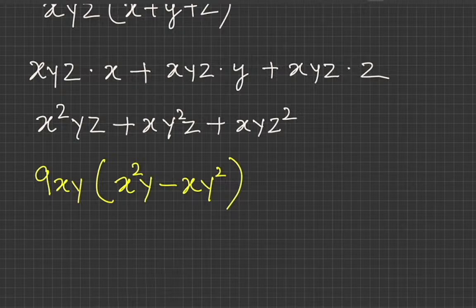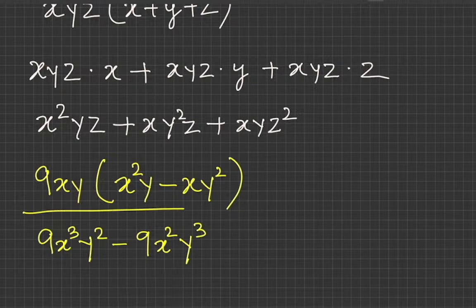We can also do the column method as well. But here we can straight away, so it is 9x cubed y squared minus 9x squared y cubed. That's the answer. Just try to keep it very simple.